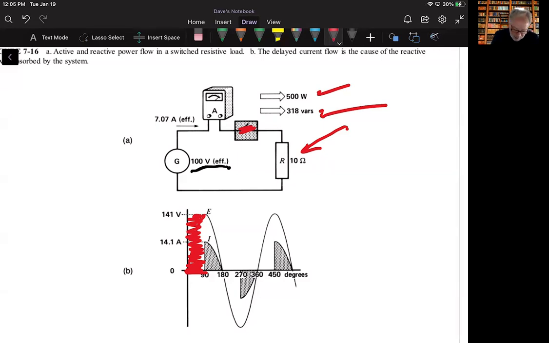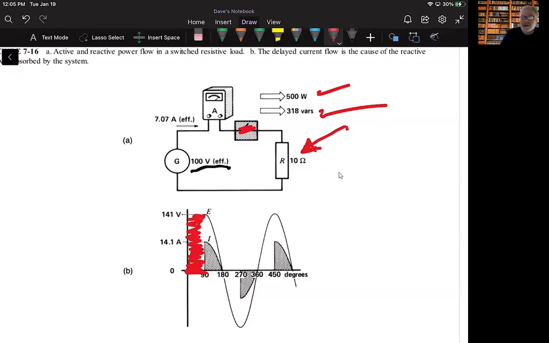And this reactive power is actually associated with this switch opening and closing rather than the resistor itself. So it's a little more detail about that situation that we talked about. But regardless, reactive power is consumed just as if a reactor or inductor were present in the circuit. And then he goes on to say, the switching circuit will be discussed in detail in chapter 30.